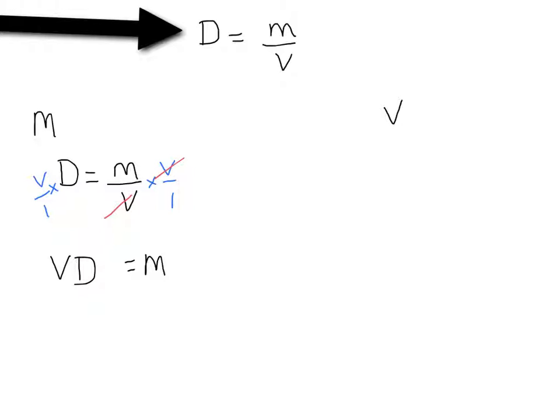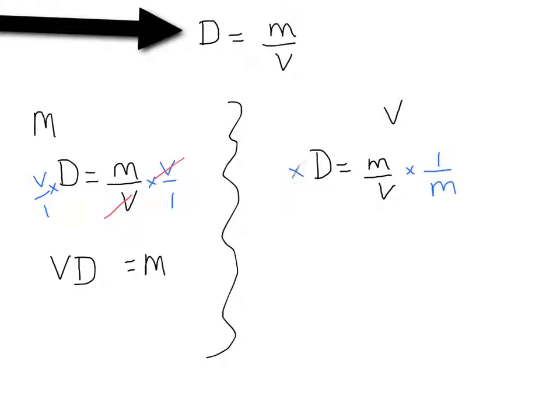Now I want to solve for volume, and you always start off with what you know, as density is mass over volume. I want to solve for volume this time, so I have to isolate the volume by multiplying by 1 over m on both sides, because now my masses cancel, and I'm left with 1 over v is equal to density over mass.